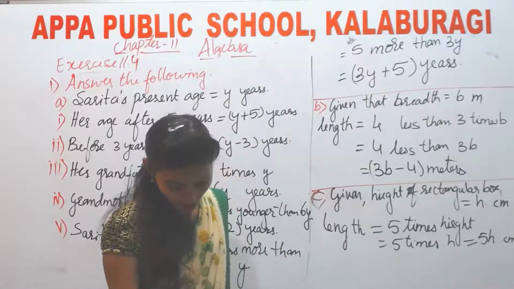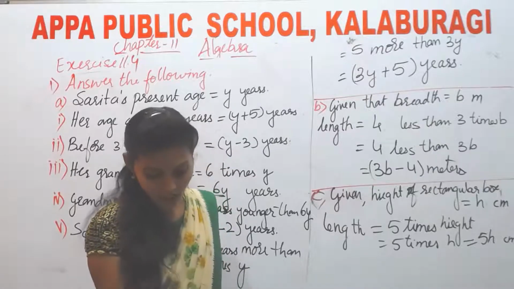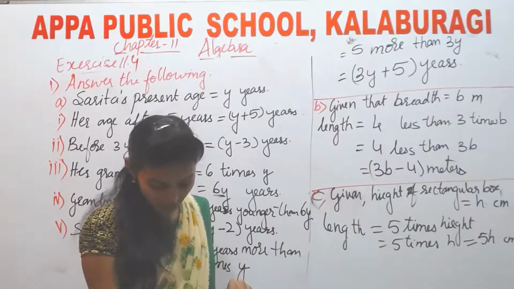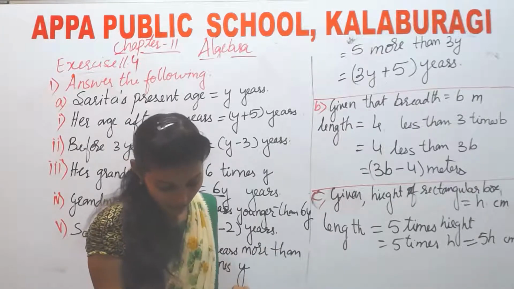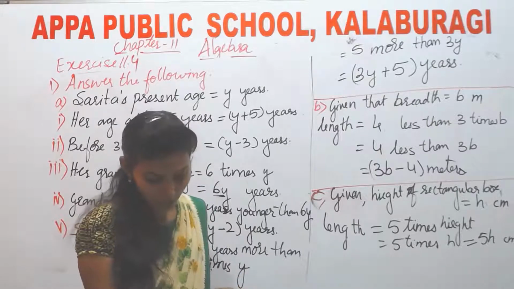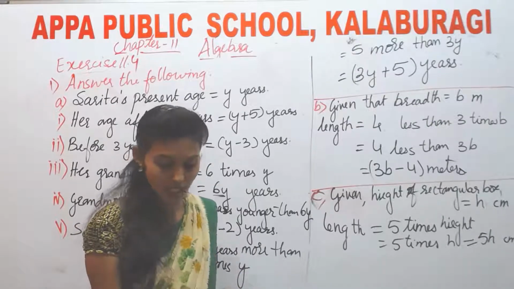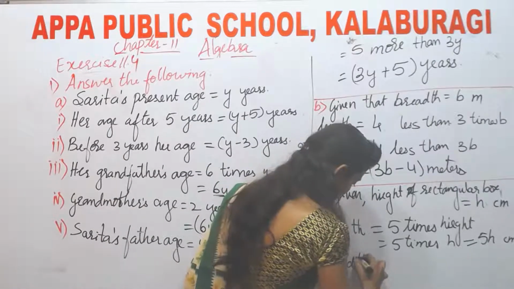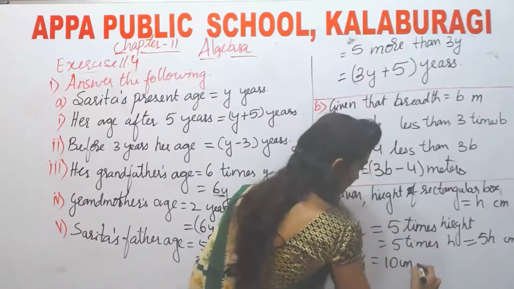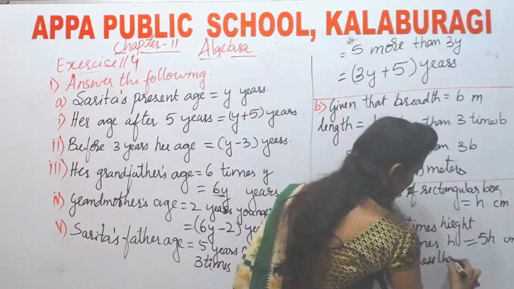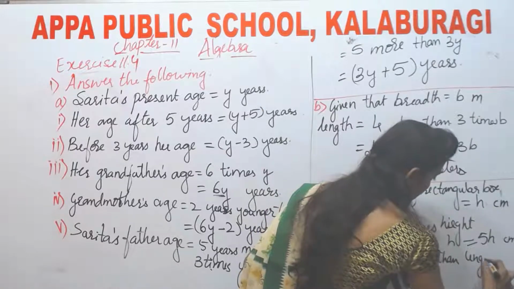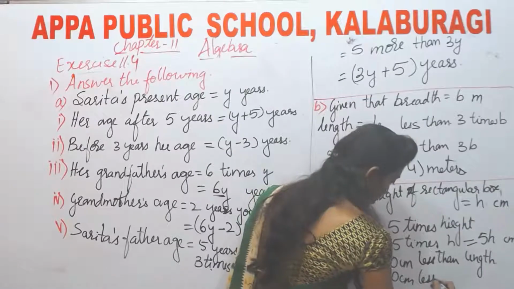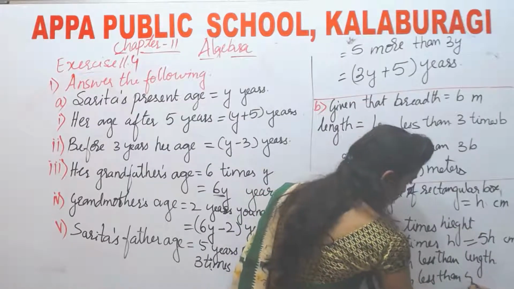Next, its breadth is 10 centimeter less than the length. Express the length and the breadth of a box in terms of height. Breadth equals 10 centimeter less than length. So 10 centimeter less than length is nothing but 5h.